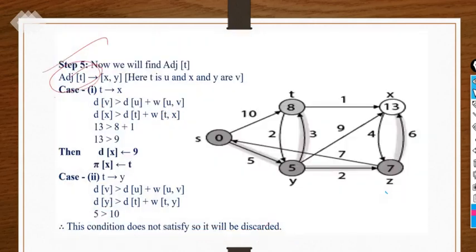That's the reason, after selecting this particular path, in order to select t, because each and every vertex of the graph must be covered. There is no path from x to t. That's why we cannot take x as an adjacent, because there is no adjacent to t with the help of x. So we will take t as a vertex, and we will find the adjacent of t as x and y. That we have to consider here, right?